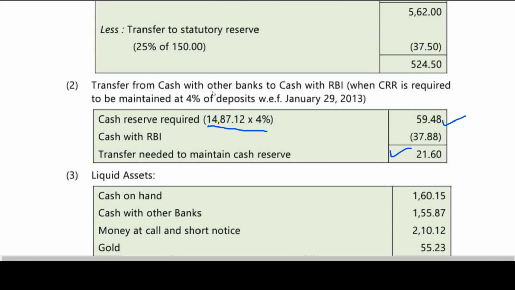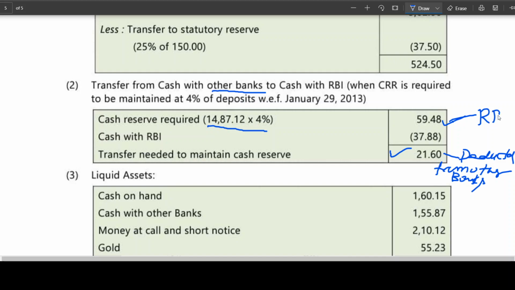So other banks, how much is to be reduced? 21.60 is to be deducted from other banks, and this 21.60 is to be added to RBI. So now 59.48 is to be maintained with RBI.